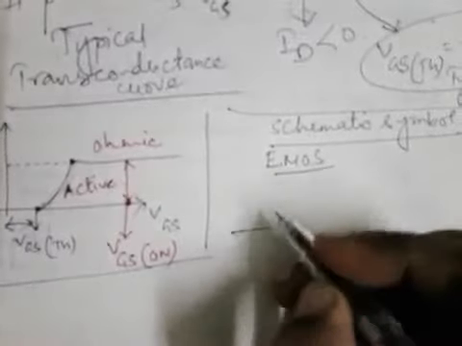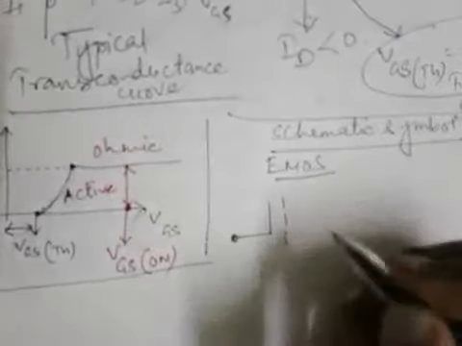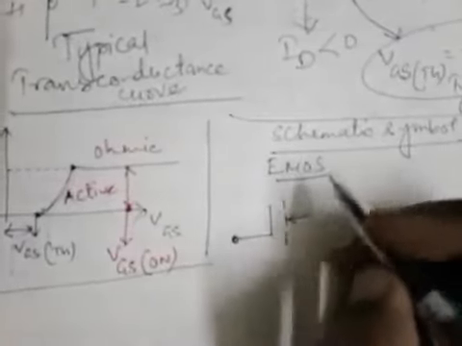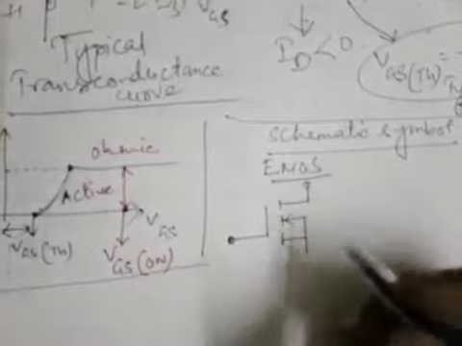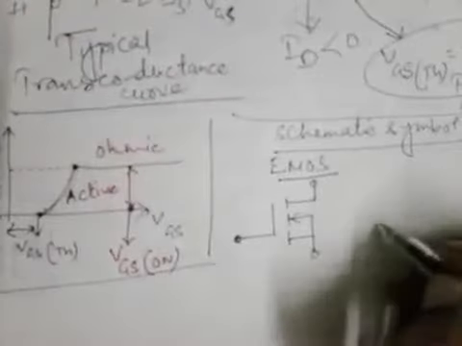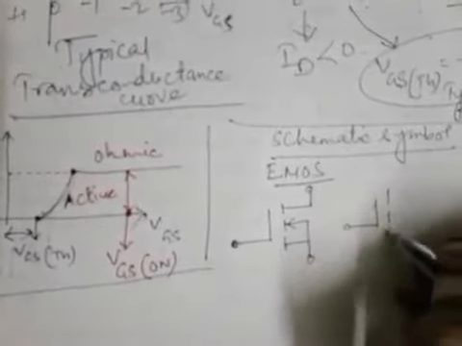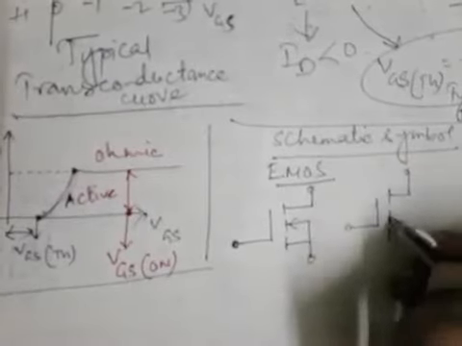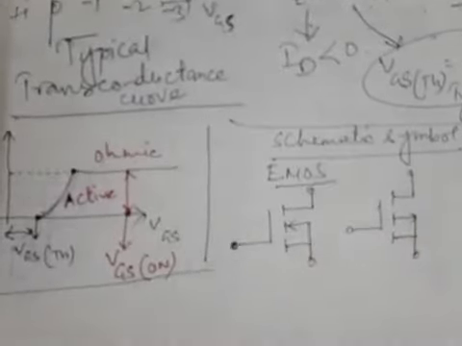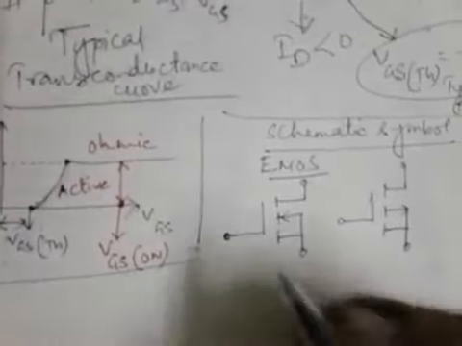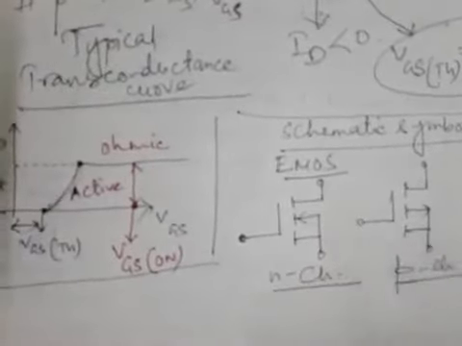The symbols will look like this. The left one is the N channel device and the right one is the P channel device.